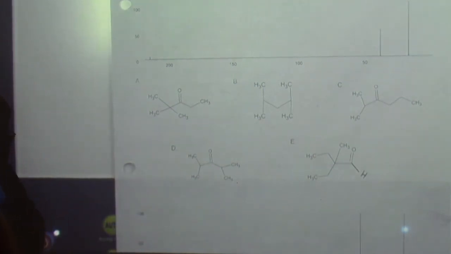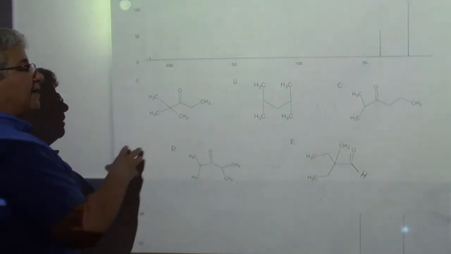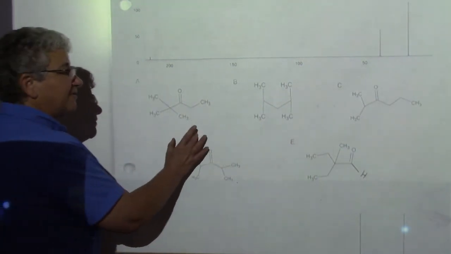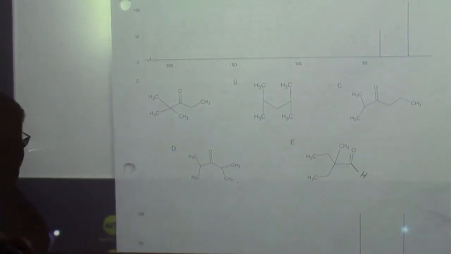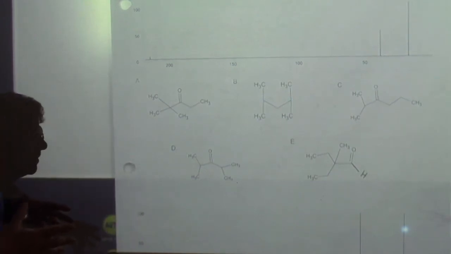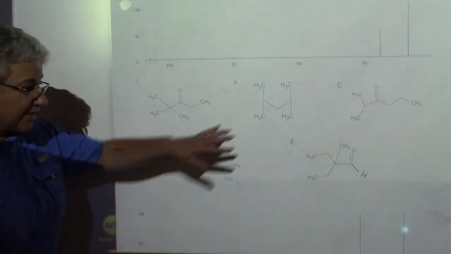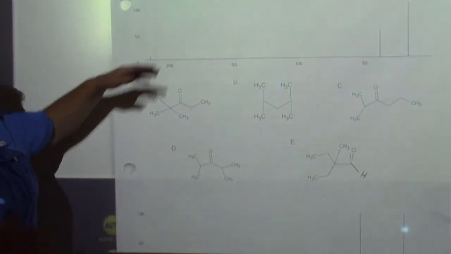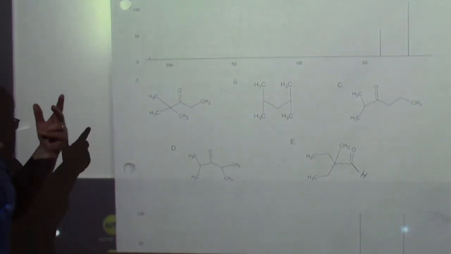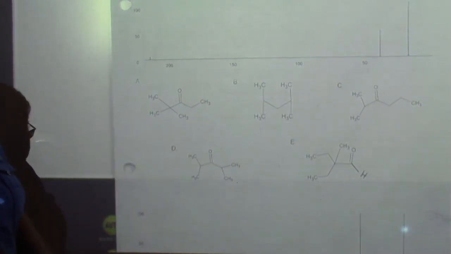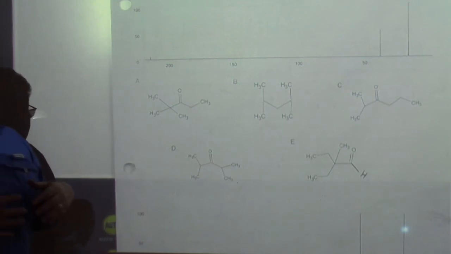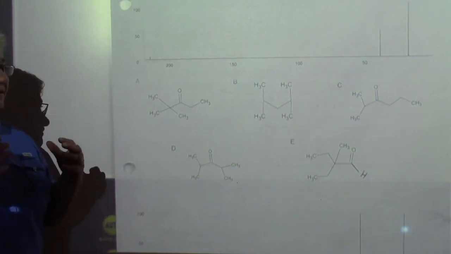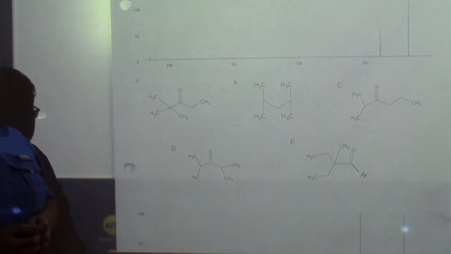So I want you to go through and tell me how many carbons you would see in the spectrum of A, B, C, D, and E. And once you've done that, look at that data that you collected, look at your spectrum, look at your number of peaks, look at your chemical shift, figure out what the correct answer is. So pause and work on this. Honestly, if you don't pause and work on it, you have to struggle with these before you really start to understand them.